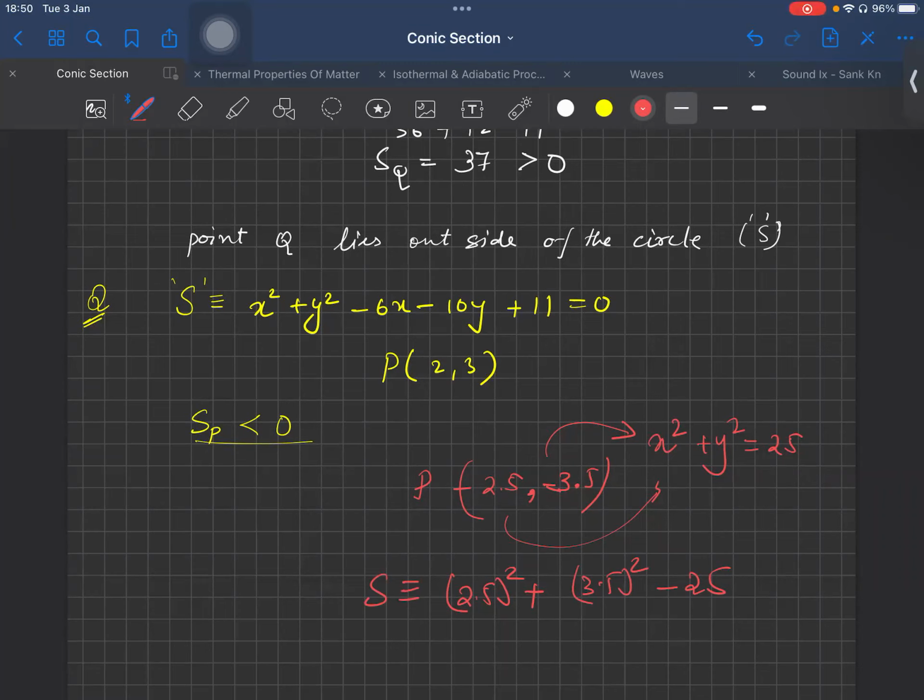2.5 square is how much? 6.25. Plus 3.5 square is how much? Anyone? How much is 3.5 square?